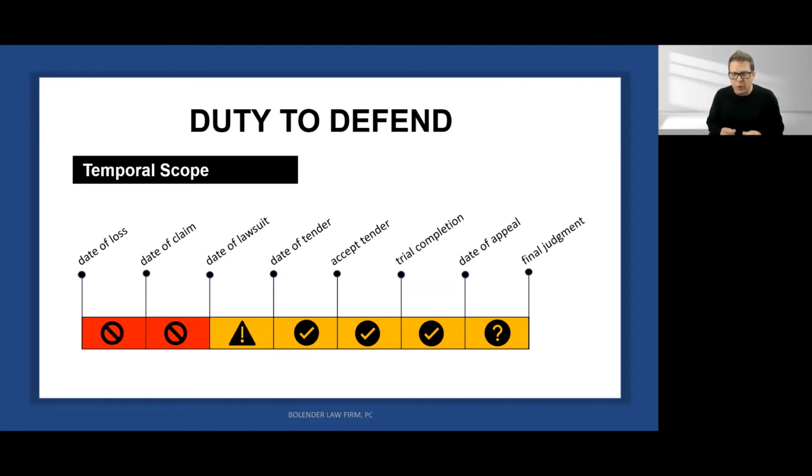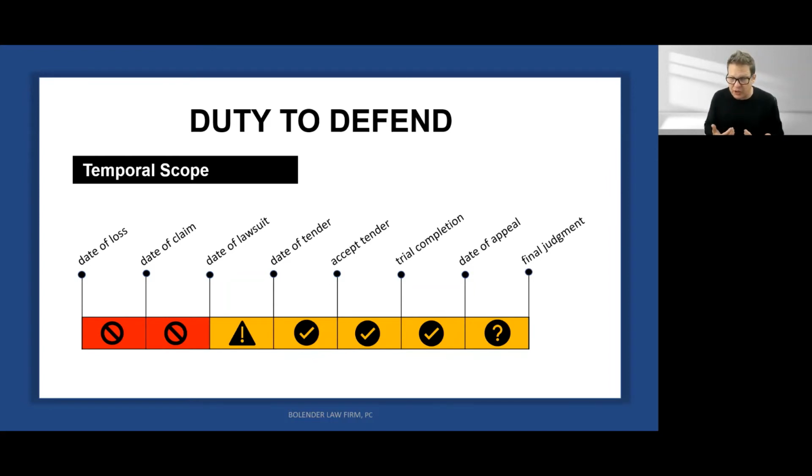Now, it's important to remember that insurers must base their decision to defend on the information available at or around the time of tender. They must consider both the express and implied allegations.